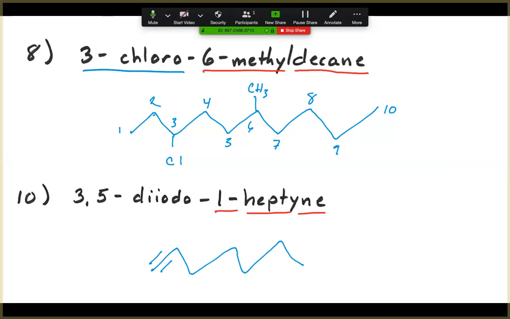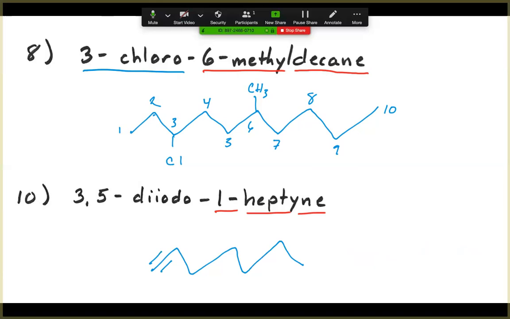Typically the real way to do this, because all triple bonds are going to have to be linear, it would actually look more like that if you Googled it, just to keep the 180 degrees linear structure of a triple bond. I'm not so worried about that right now. I'm more worried, can we name it? So I'll be fine with the structure I have here in blue.